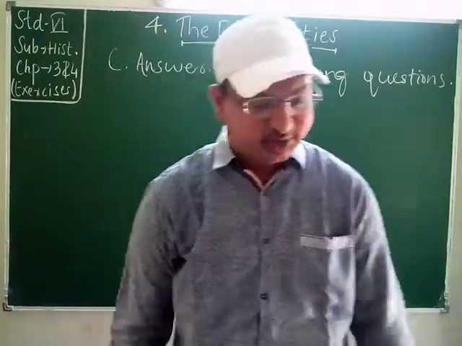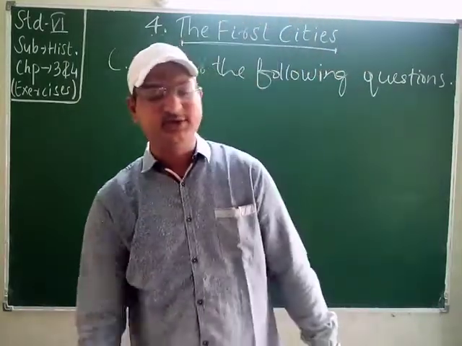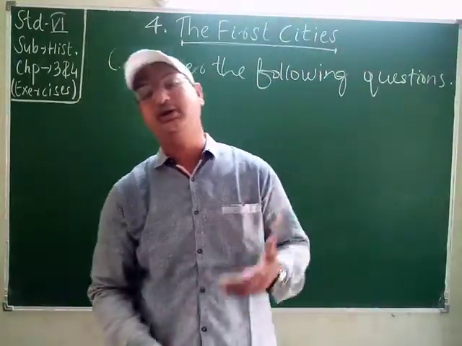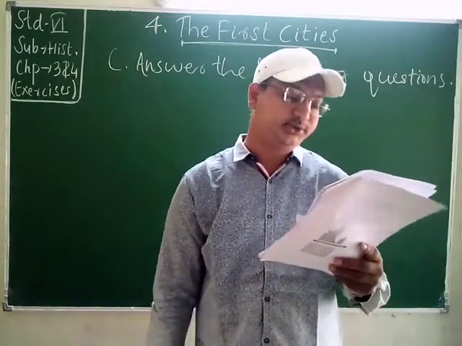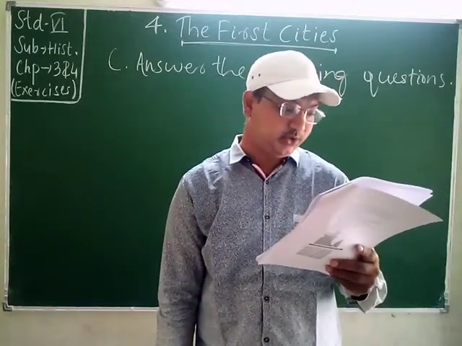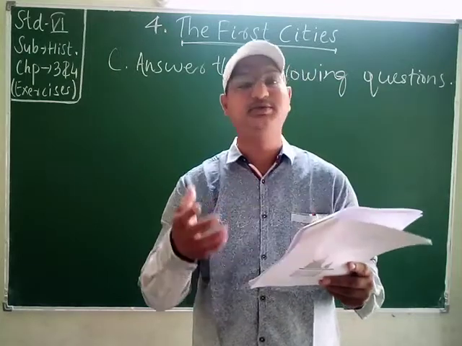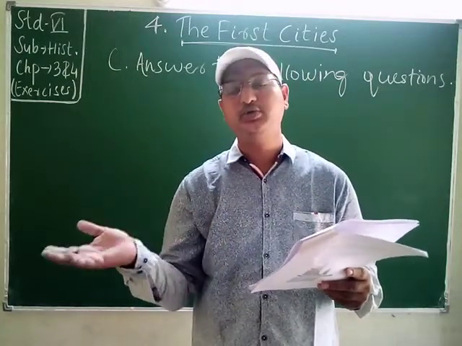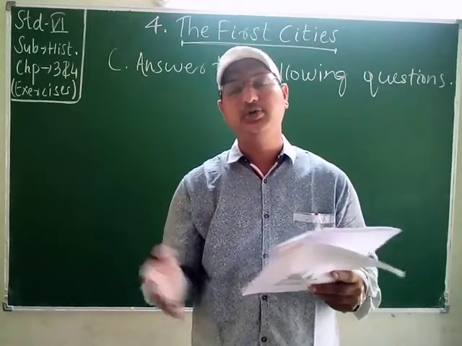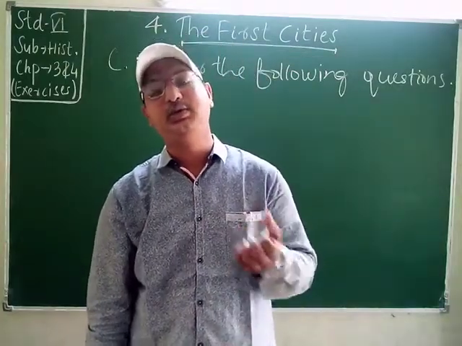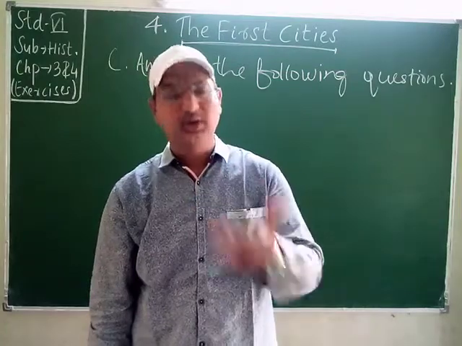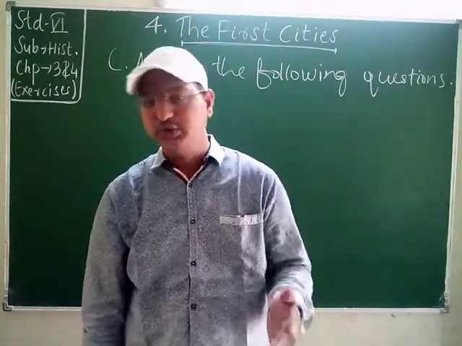Then students, the second one is weights. Weights and measures, what the archaeologists knew about the Harappans from them. During the excavations, weights and measures were also found. This indicates the prevalence of trading activities. When you go to a shop to buy something, you buy a thing by measurement, 1 kilo, 2 kilo.